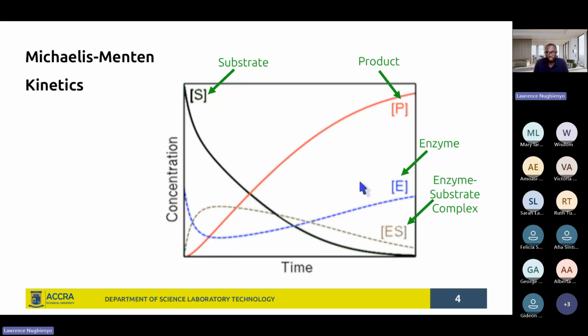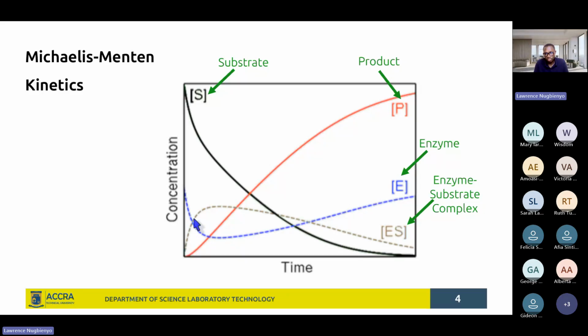And we also saw that in the process of enzymatic reactions, you have what we call the enzyme substrate complex, which goes to the transition state and then gets converted to the product. We see also that from the beginning of the reaction, you have that enzyme substrate complex being formed.